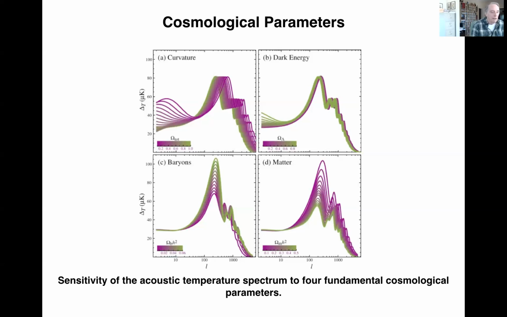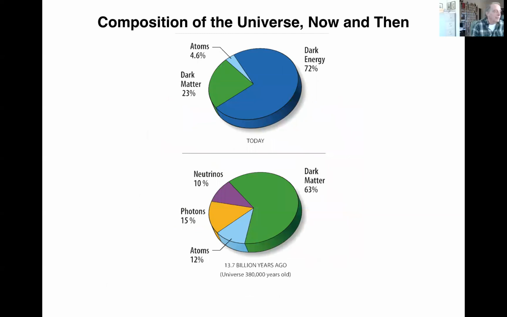The parameters of that model are pretty much set by the structure. And this just shows you what the structure appeared to be at decoupling 13.7 billion years ago. It's the bottom one.